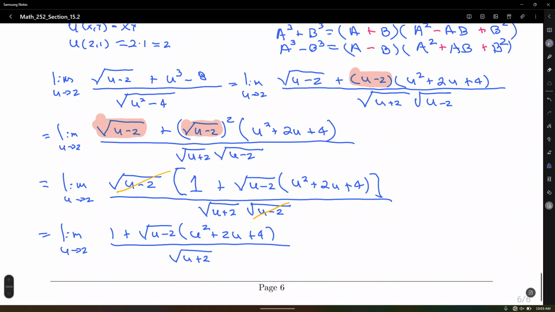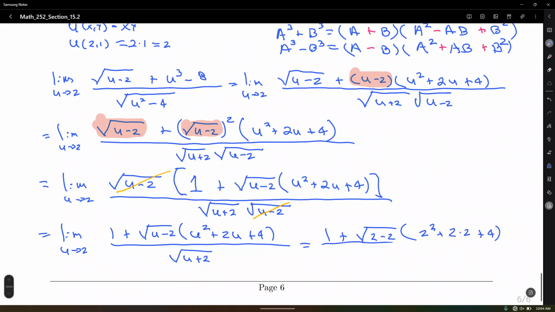We're good to go because we will no longer get a 0 in the denominator or 0 over 0. In fact, look at the denominator. Square root of u plus 2, that's 2 plus 2, that's the square root of 4. So we're good. In the numerator, that's going to save a lot of work because 1 plus the square root of 2 minus 2, which is 0, times all this madness here, 2 squared plus 2 times 2 plus 4.